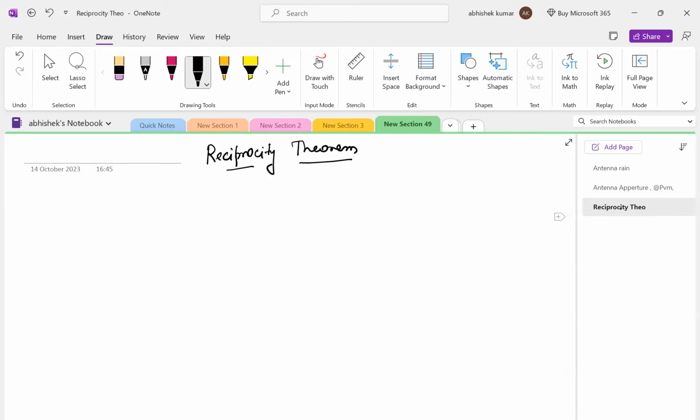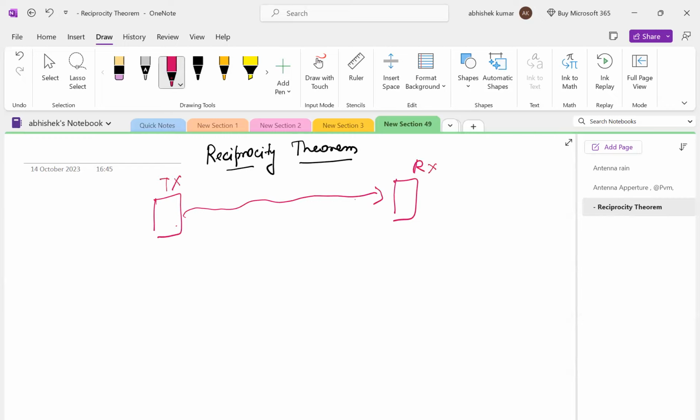Suppose we have one system here and one system here, and we are sending some signal. This is our transmitting system, and this is a receiving system. PT is being sent and PR is being received. Suppose PT being sent is 100 watt and PR being received is 10 watt.